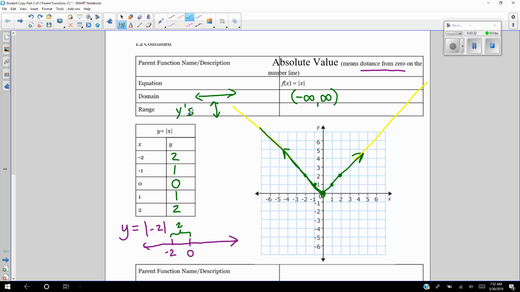So that lowest y coordinate is at 0. And again, we use a bracket because that means it's inclusive and it includes this value. And it goes up forever, so interval notation from 0 to infinity. And again, we're going to go more deeply into domain and range here in a couple lessons.